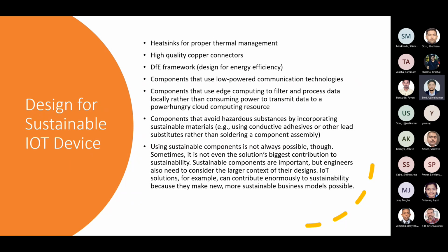Okay, using sustainable components is not always possible, though sometimes it is even the solution's biggest contribution to the sustainability. Sustainable components are important, but engineers also need to consider the larger context of the designs. IoT solutions, for example, can contribute enormously to sustainability because they make new, more sustainable business models possible. So the business requirements keep on changing.